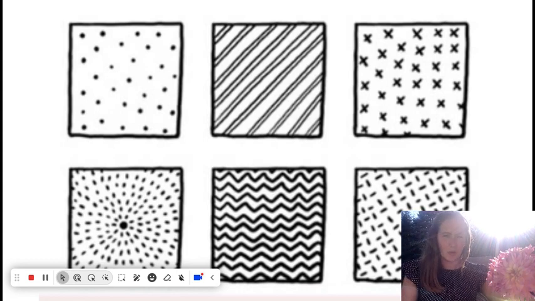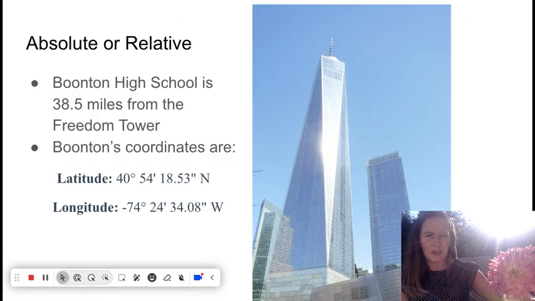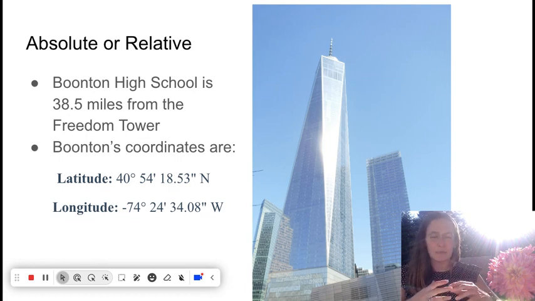And here's some ways to keep in mind as you do this. The first thing when you look for patterns and you look at maps and you describe location, you're going to think either absolute or relative. So when you describe an area absolutely, basically you're going to include numbers. You're giving specifics to give a very specific point on this earth.